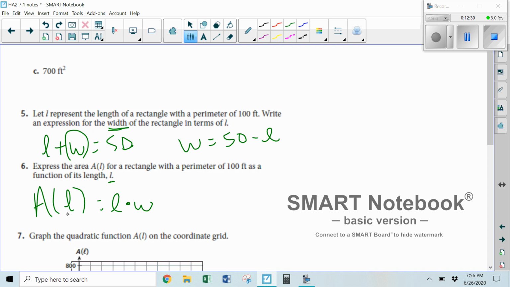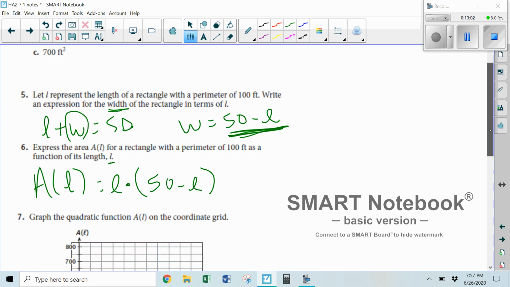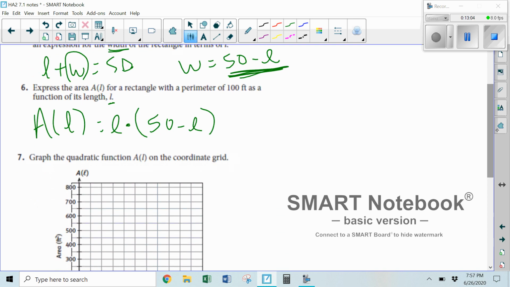You can see it has to be L. So L is fine, but I cannot write width. What's another way I can write width? Right there, 50 minus L. That is how I write area with just one variable, even though that's the same thing as taking length times width. Now I've done it with only one variable, which is helpful. I'd rather work with one variable than with 2.